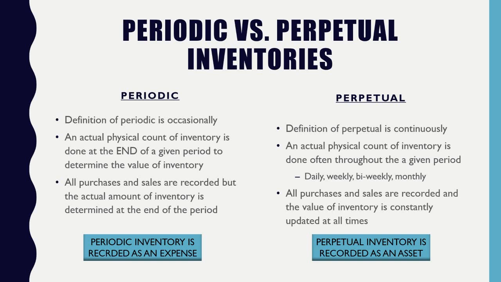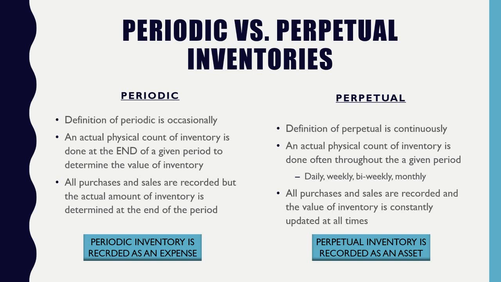So when we determine the difference between periodic and perpetual, perpetual is when you are selling a product that you sell more frequently in your store, and that's something where you should be keeping track of whether you have enough on hand at all times. Okay, so whether you do a physical count every day, every week, or at the end of the month, you're going to know at least a rough estimate of how much you should have on hand.